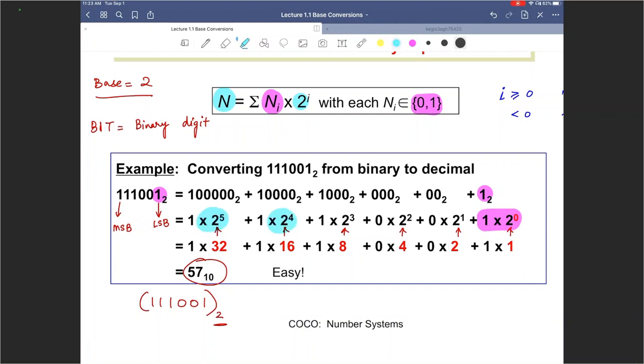Divide by powers of 2. Okay, so divide successively by 2. That's what we are going to do. If you divide successively, repeatedly by 2 and record the remainders, that's how you go back from decimal to binary.